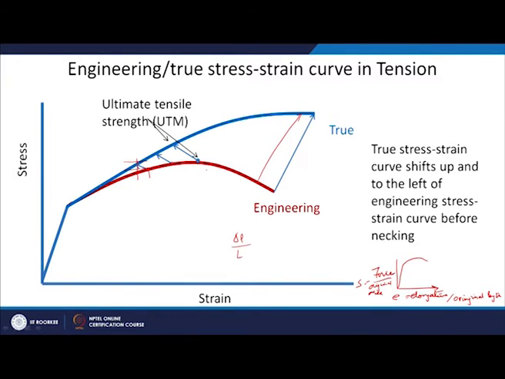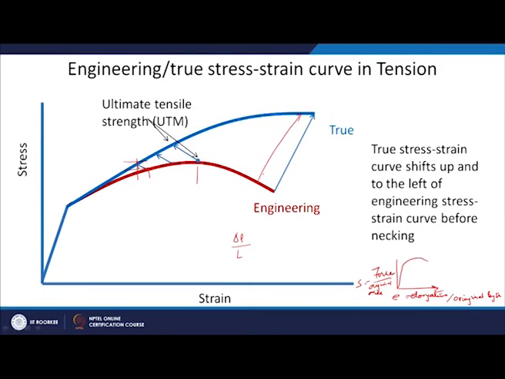So, after necking, one thing to note is that we will take only the area and the length in the necked region, not the overall gauge length, for the calculation of true values. Up to necking, as I told you, you have a uniform elongation, so I can take the whole gauge length and the cross sectional area to find the true stress strain values.